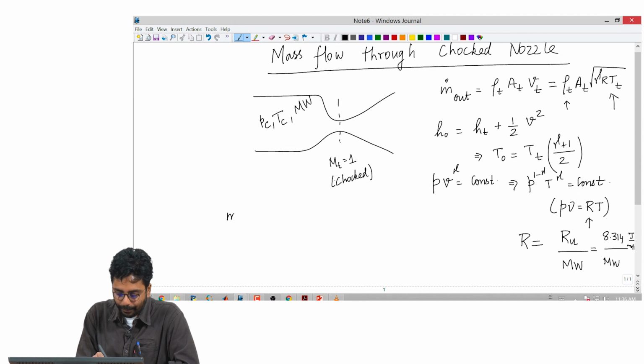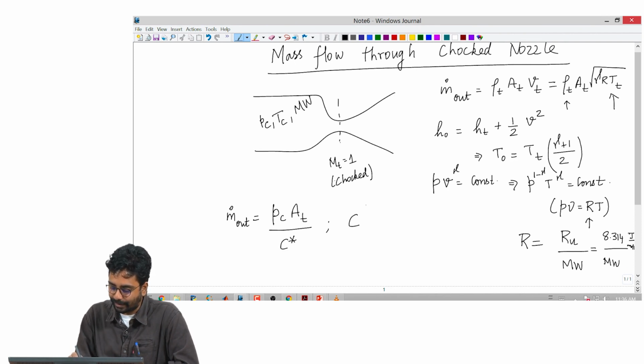You can show that m dot out is equal to Pc, the pressure in the chamber, multiplied by the area at the throat, divided by a quantity called C star, called the characteristic velocity.